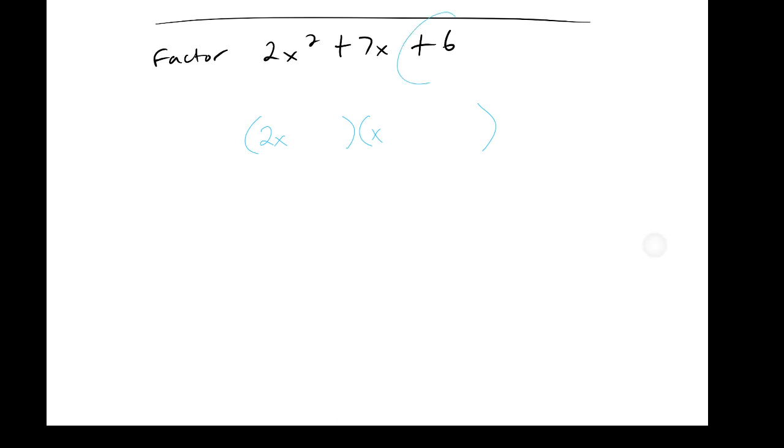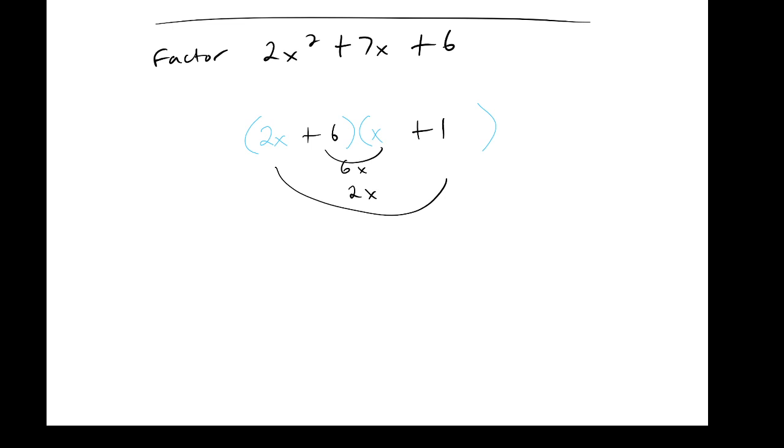Now, the trick is we need to take factors of 6 that, when we put them in here, are going to wind up giving us the appropriate answer. I'm going to wind up erasing this a few times. So let's do 6 and 1. Now, 6x for the inner, 2x for the outer. We can already see that doesn't work.